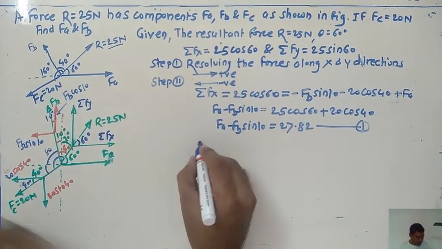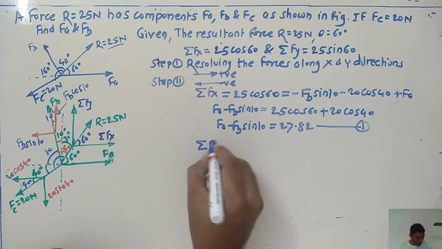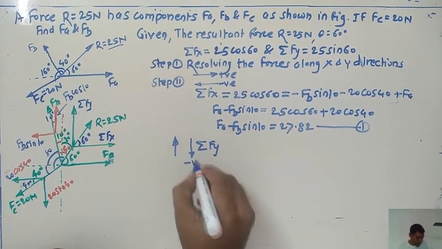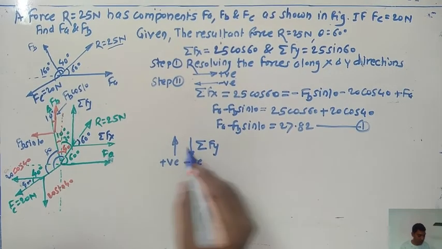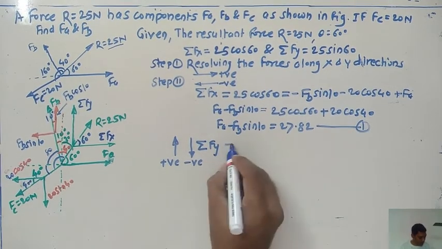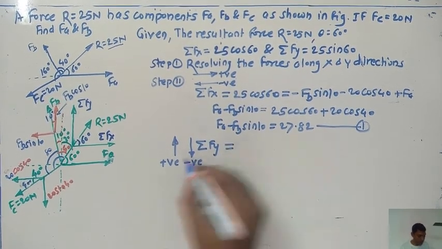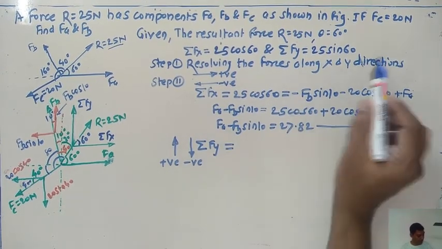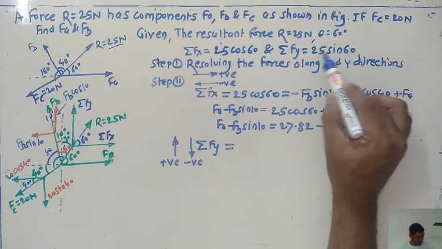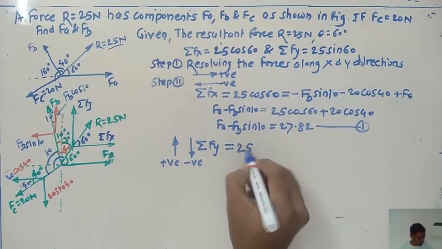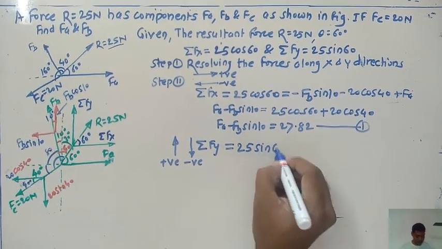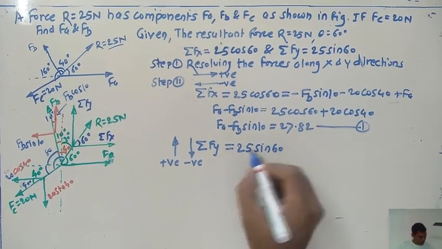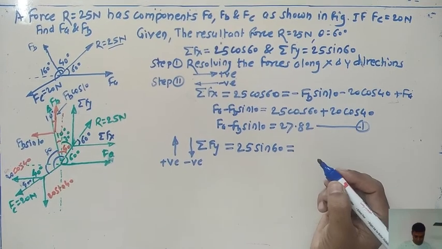Next, get the summation of Fy by considering these sign conventions. Here the negative, here the positive. Always show this symbol. Summation of Fy is already given here: 25 sine 60. Now you have to equate this with the rest of the forces.